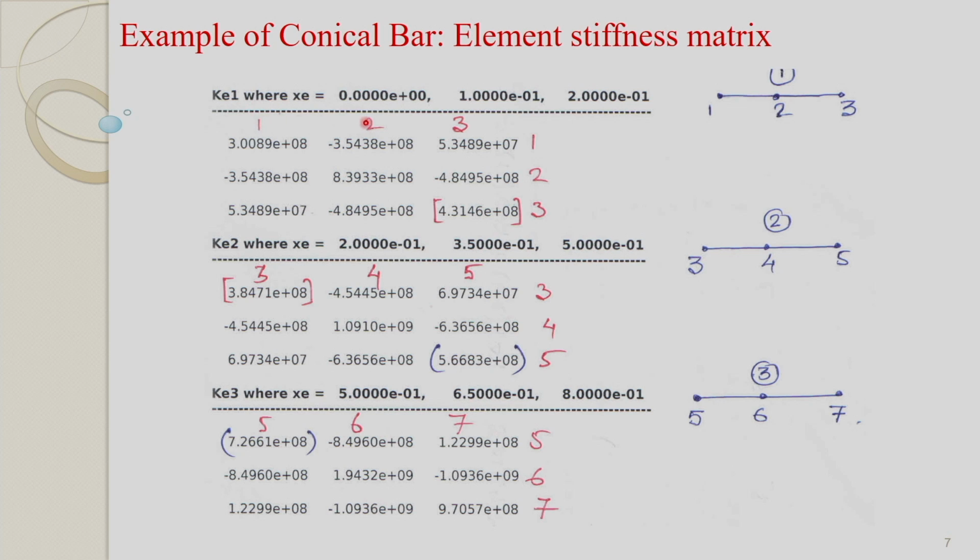Now, these are the global degrees of freedom associated with element 1, that is 1, 2 and 3. For element 2, global degrees of freedom 3, 4, 5. So, we mark the global degrees of freedom for assembly. Similarly, for element 3, these are 5, 6, 7.